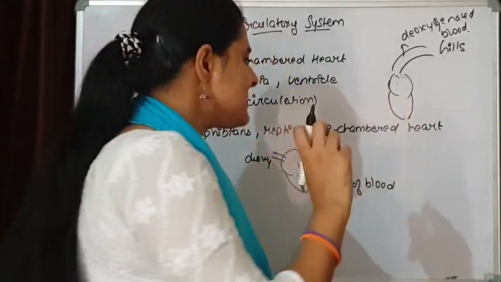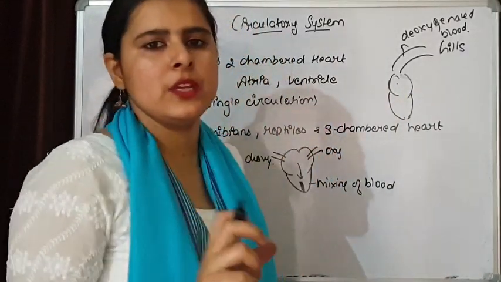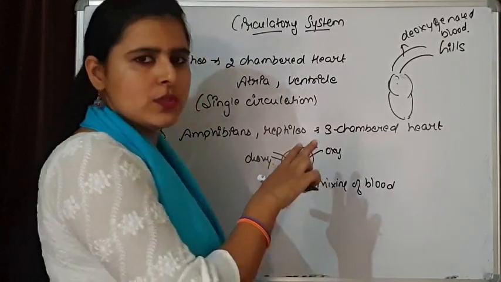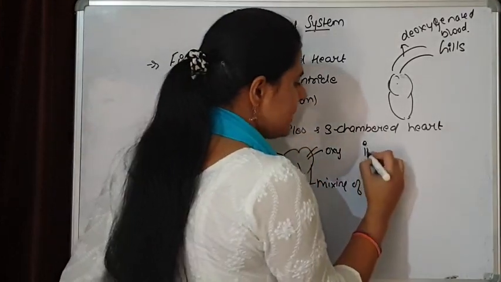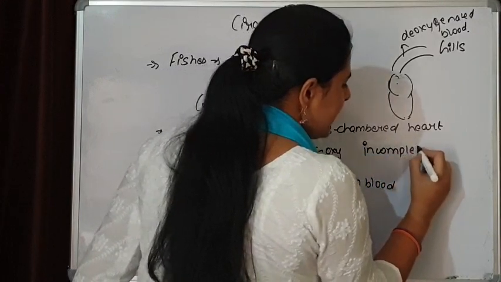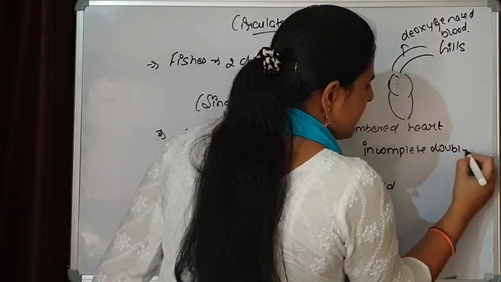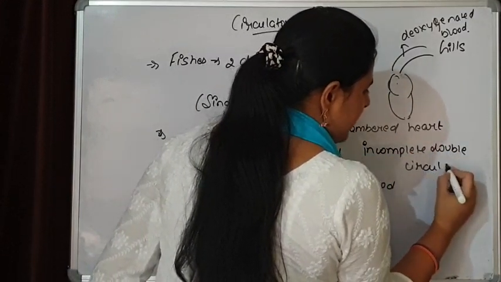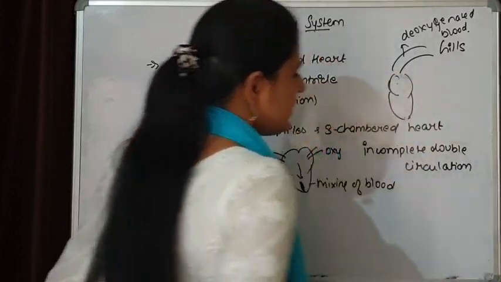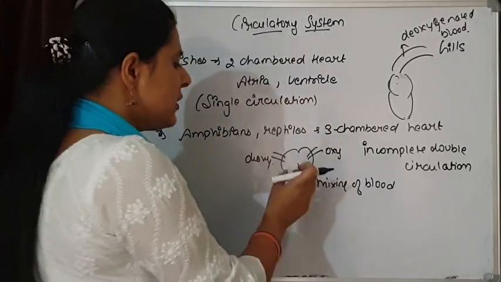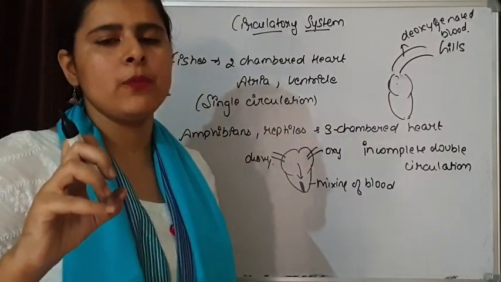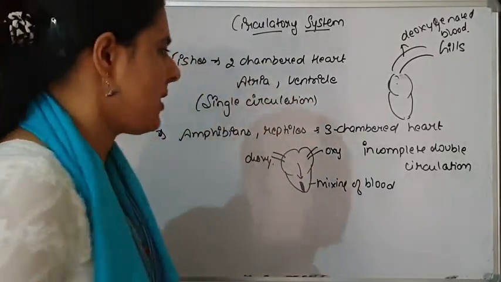So there is incomplete double circulation. Initially the circulation was different, but then it comes in a single point. So these organisms are showing incomplete double circulation. The upper chambers are receiving different type of bloods, but in lower chamber the two types of blood are going to mix up.